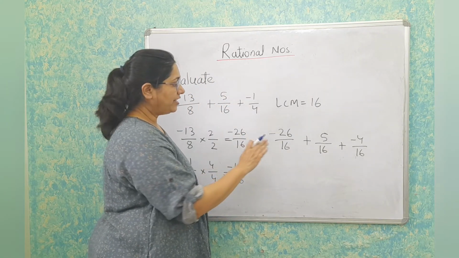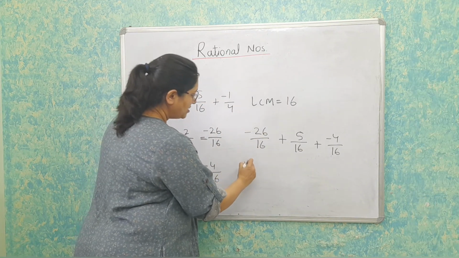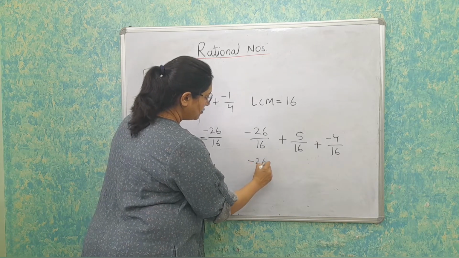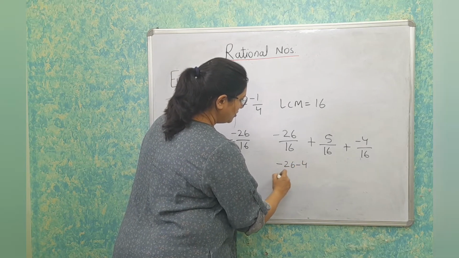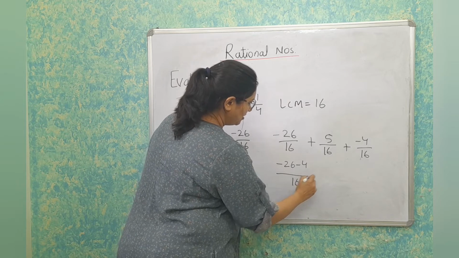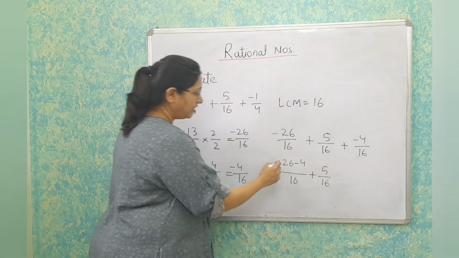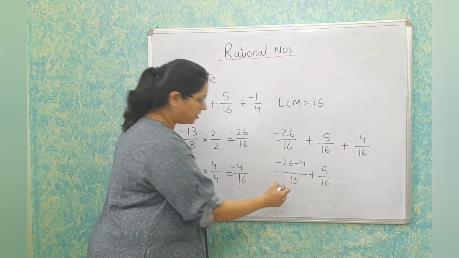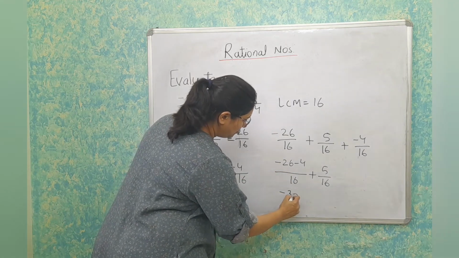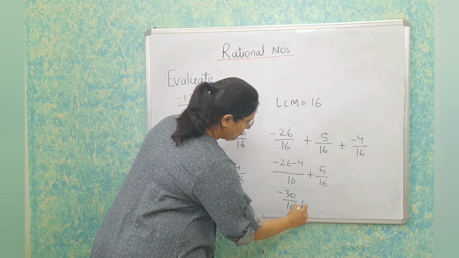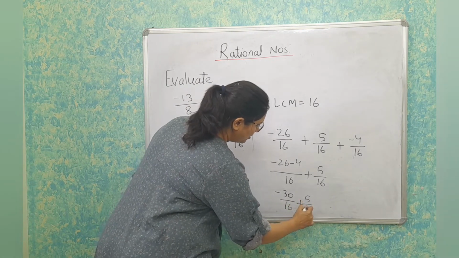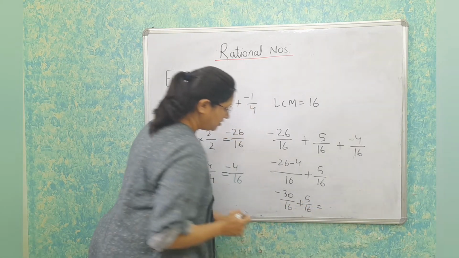So first I will add both of them. Minus 26 minus 4 divided by 16 plus 5 upon 16. Minus 26 minus 4 is minus 30 upon 16 plus 5 upon 16.